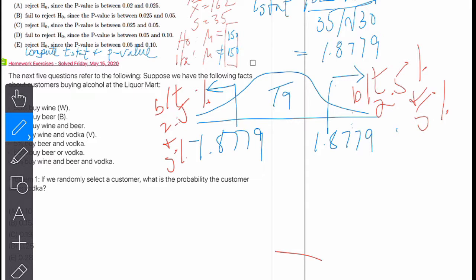Then I have to add those together, or multiply by 2, and I get between 5 and 10%. So that's actually my p-value.